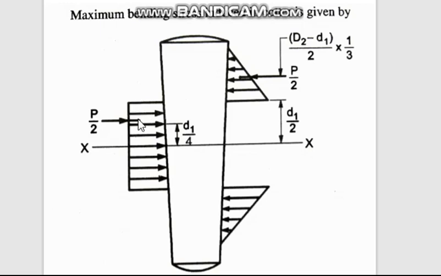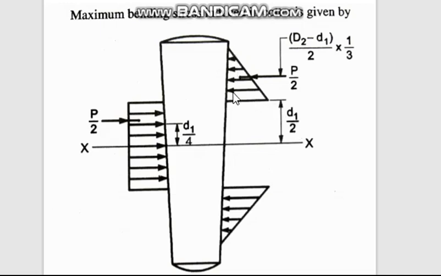So you see, we know that this entire distance is D1. Half of the distance is d1 by 2, and the distance where this force is applied from the x-axis will be d1 by 4. From here to here is d1, and here to x is d1 by 2.